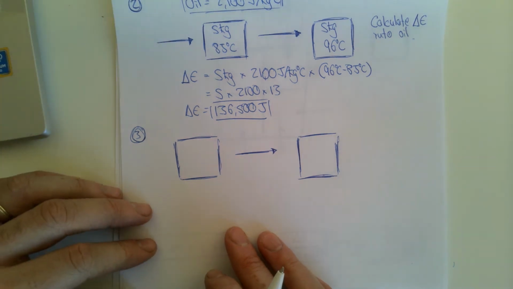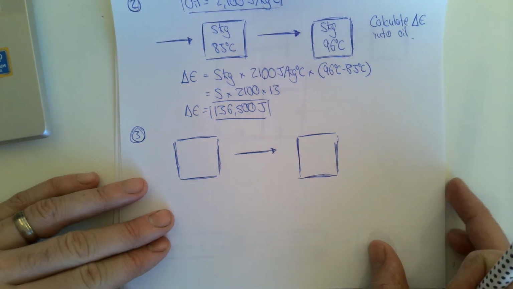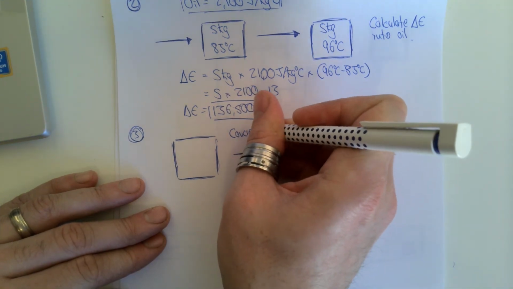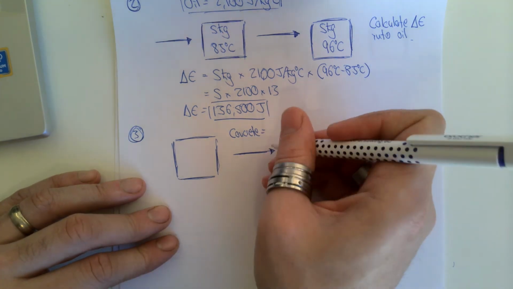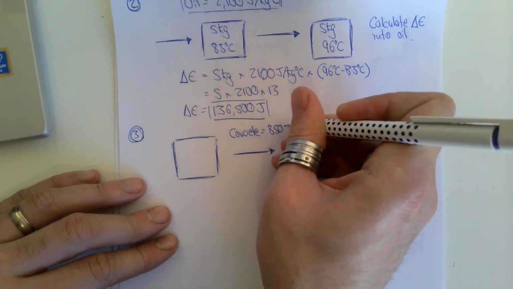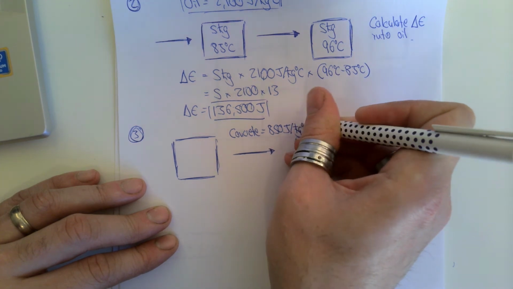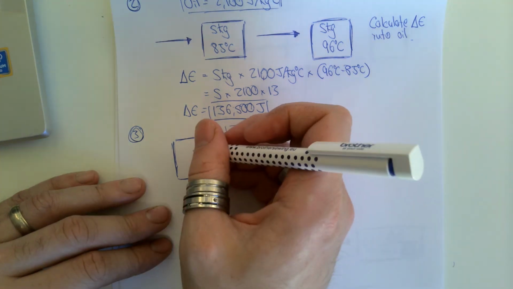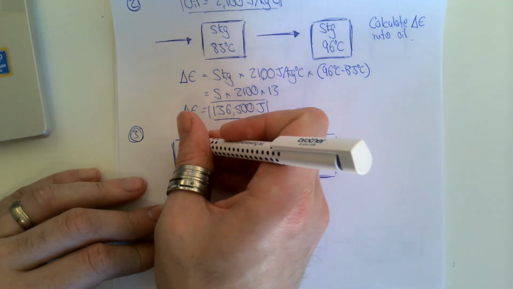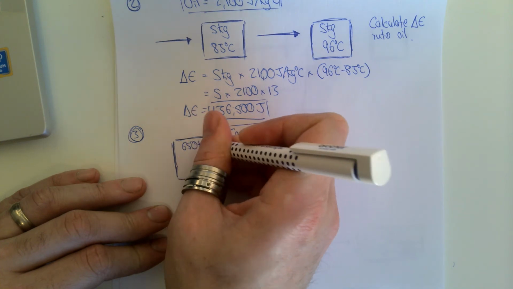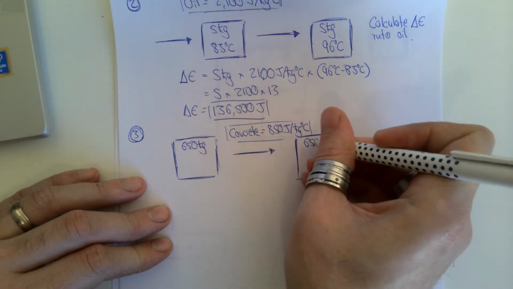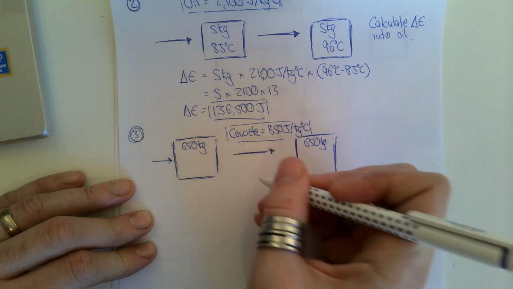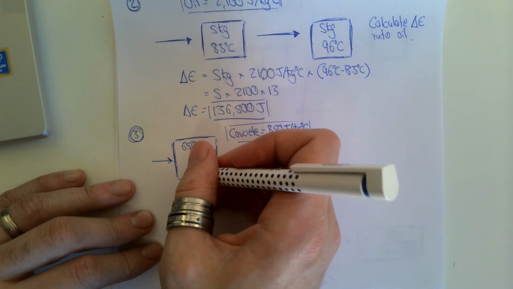So if we have a look at calculating the amount of energy that's transferred into concrete. So the specific heat capacity for concrete is 850 joules per kilograms degrees Celsius. So we've got 650 kilos of concrete, and it's heated from 43 degrees Celsius.